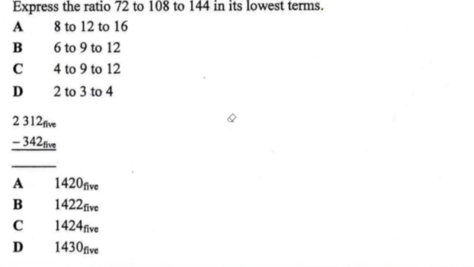Okay, so we are saying 24. Express the ratio 72 to 108 to 144 in its lowest term. So what we're going to do here is find a number that can go into these numbers.